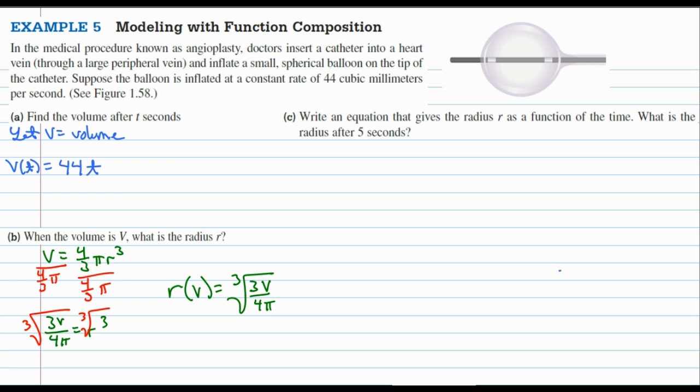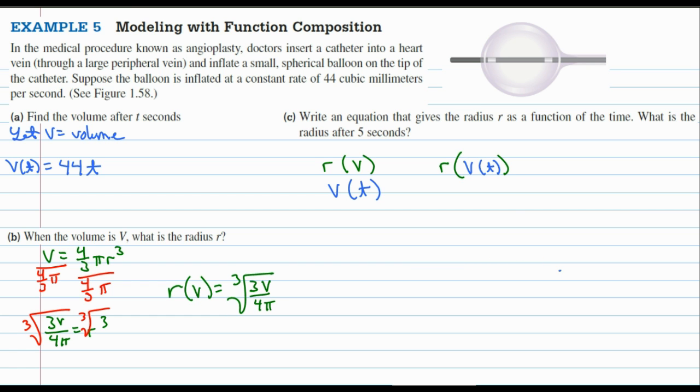Now part C says, write an equation that gives the radius r as a function of time. Like I said before, I have radius as a function of volume, and volume as a function of time. So what if I compose those? Radius as a function of volume as a function of time.